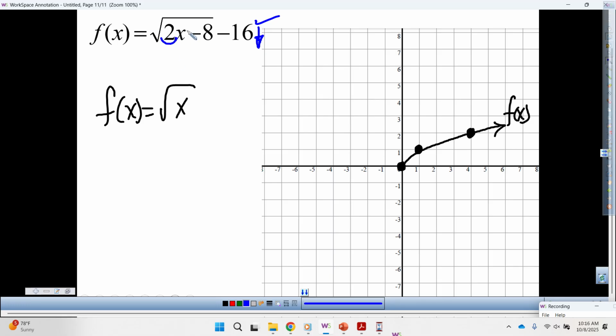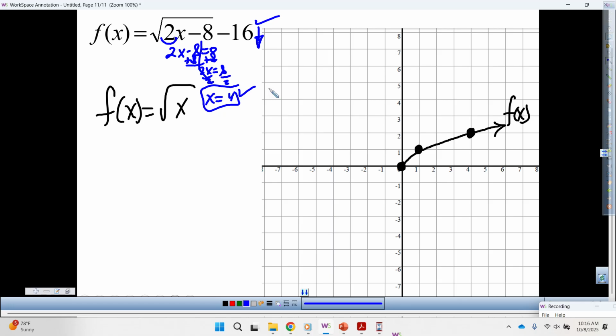So what do we do with that, Mr. Q? We set it equal to 0 and solve. Plus 8, plus 8. 2x equals 8. Divide by 2, divide by 2. x equals what? So that means instead of moving it 8 to the right, we're going to move it what? 4 to the right. You're already following that.